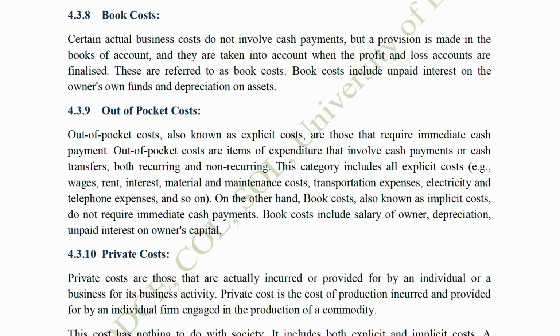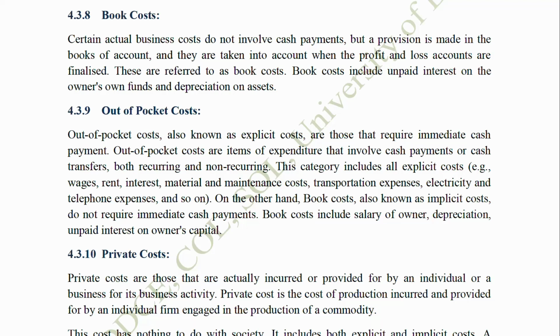This category includes all explicit costs, for example wages, rent, interest, material and maintenance costs, transportation expenses, electricity and telephone expenses, and so on. On the other hand, book costs, also known as implicit costs, do not require immediate cash payments. Book costs include salary of owner, depreciation, unpaid interest on owner's capital.